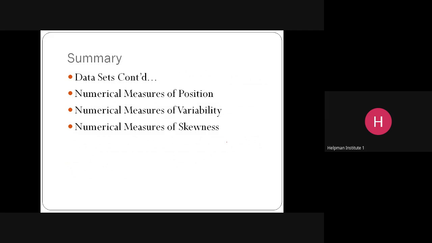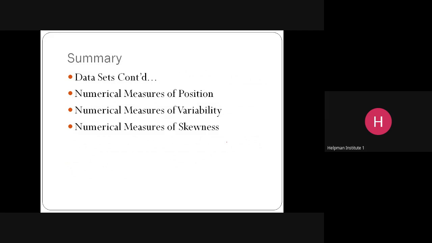Now we also explained how to present some data sets. We use the frequency table to make more meaning of data sets, get more information, and understand the behavior of this data. Now we explained the numerical measures of position.